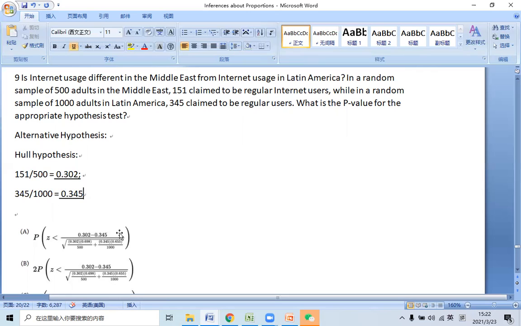And in this case, you are looking at the difference between two proportions. And the corresponding standard deviation is going to be added. It's the addition rule. You know that you are adding together.